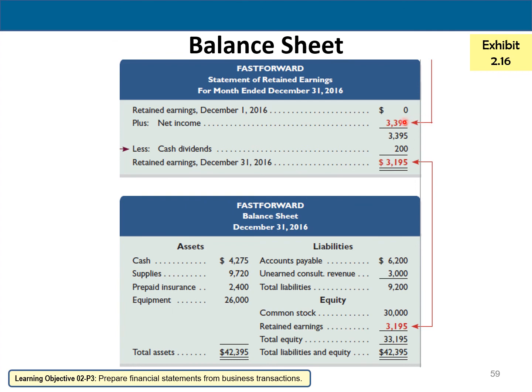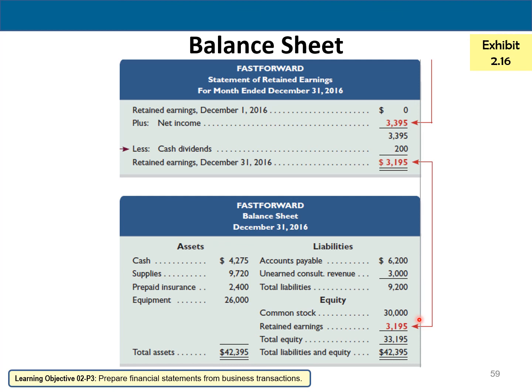Okay, and then we have the statement of retained earnings here at the top. Our ending retained earnings from the statement of retained earnings comes down here to our balance sheet. Our balance sheet as of December 31st, 2016 reports all of the balances from our T accounts or our trial balance in each of our asset, liability, and equity accounts.